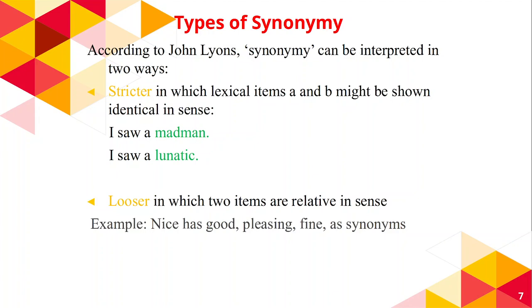So this is identical, it fits exactly, it's an exact synonym. Loose synonymy occurs when the two items are relative in sense. For example, nice has several synonyms like good, pleasing and fine, but they are not strictly synonymous.